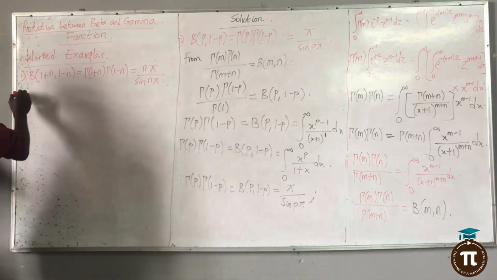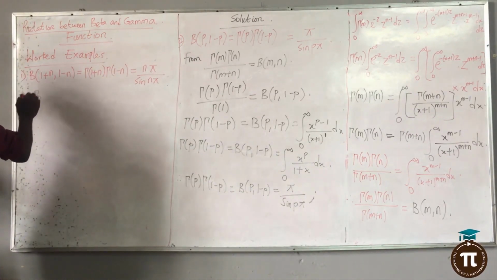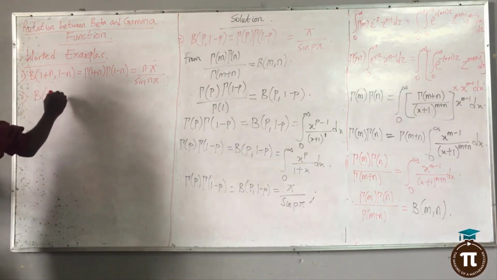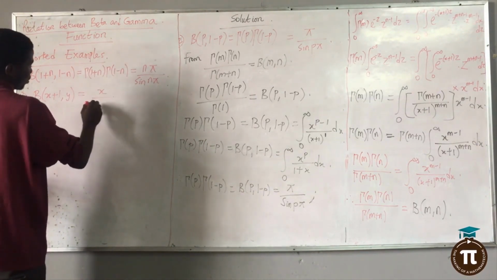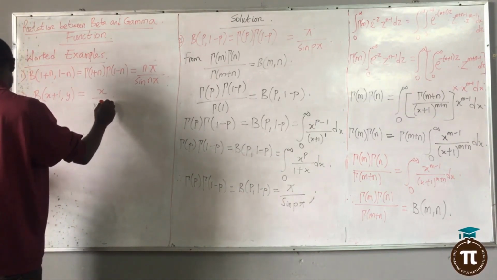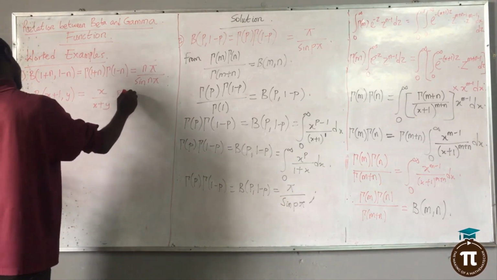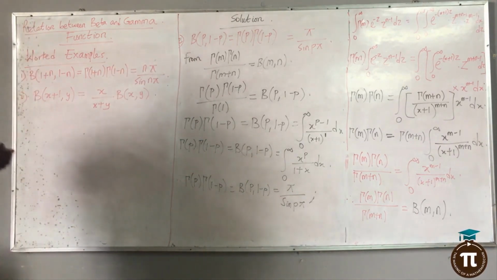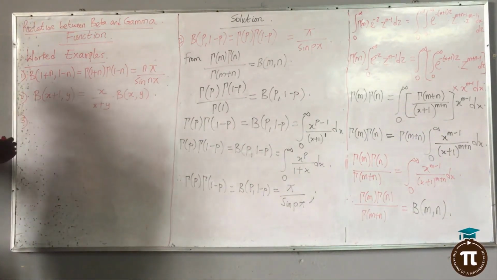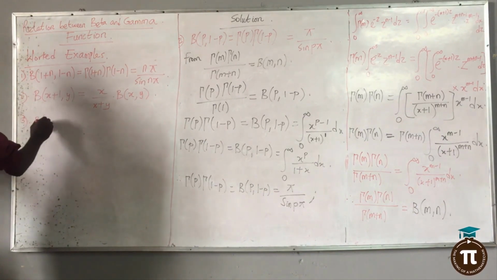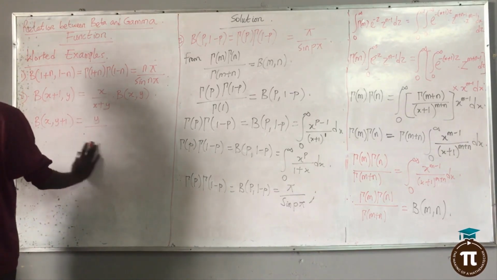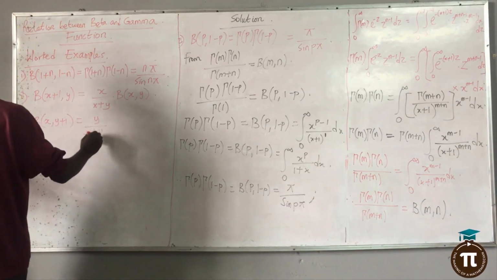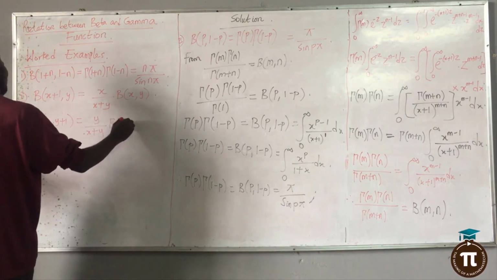The second one, number 2, beta of x plus 1 comma y is equal to x over x plus y, beta of x comma y. That is number 2. Number 3, beta of x comma y plus 1 will also be y over x plus y, beta of x comma y.